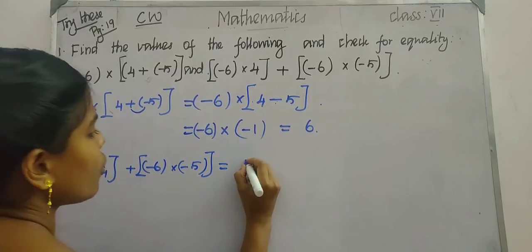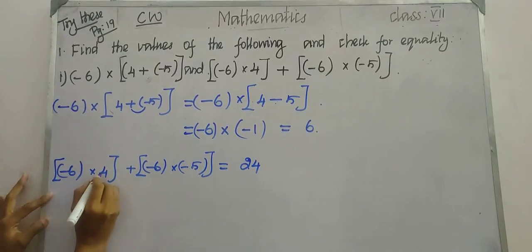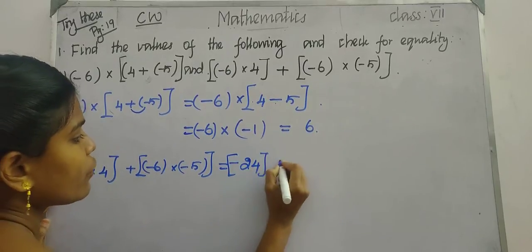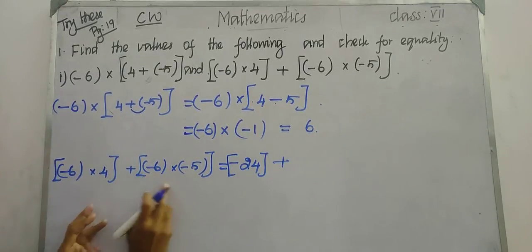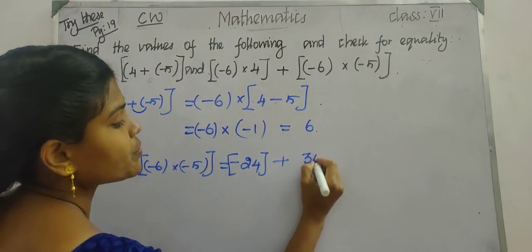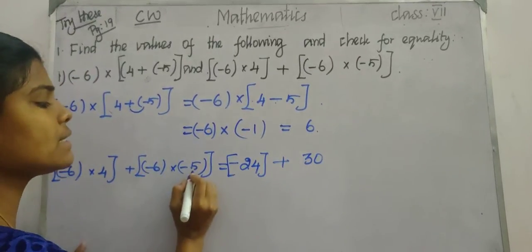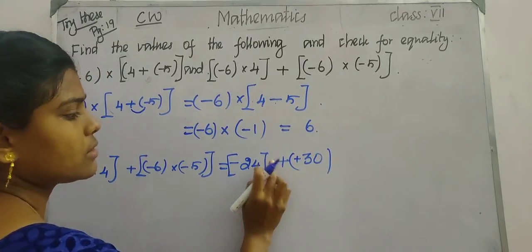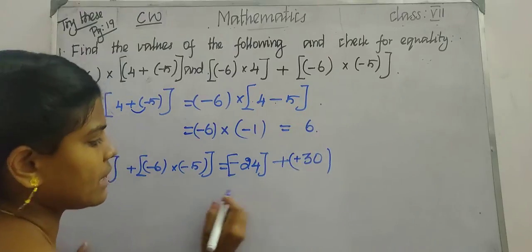So 24. Minus into plus is minus, so minus 24. Put plus and 6 fives are 30. Minus into minus is plus, so plus 30. So we are having plus into plus, so that we can write plus.